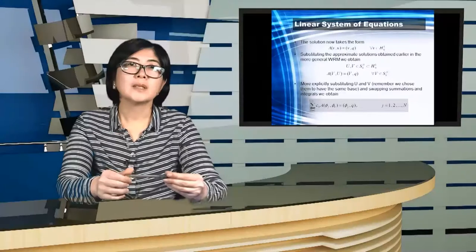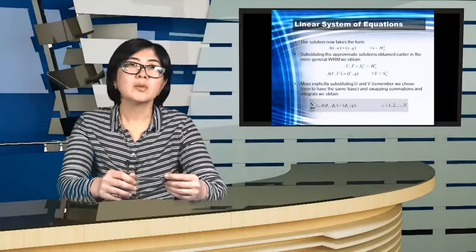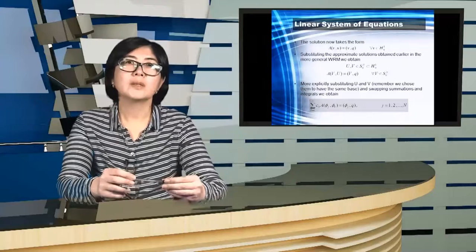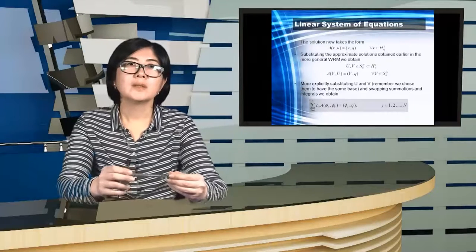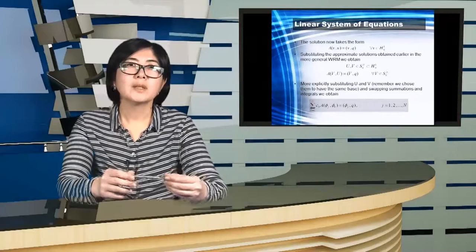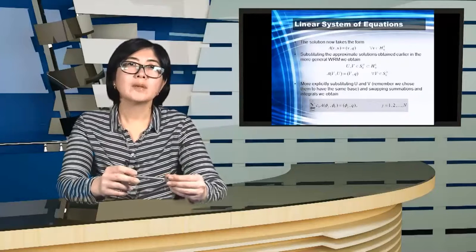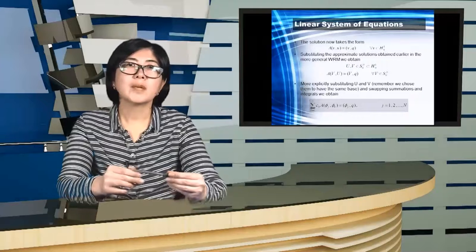As can be seen, this is a linear system of equations with the only unknown being c. The equations can be solved using any method for solving linear systems, and the approximation to u will be found by constructing function u with the given parameters c.